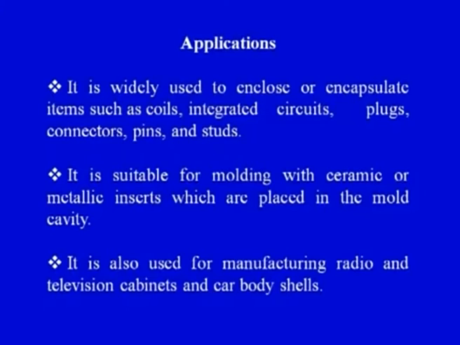Transfer molding process can also be used for manufacturing radio and television cabinets and car body shells. So there can be other applications of the transfer molding process also, and to name a few, it can be used for making cabinets and car body shells.